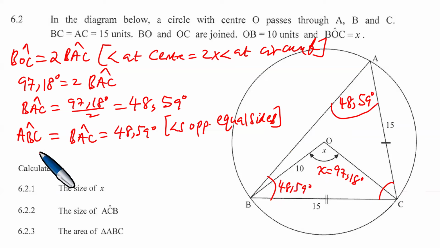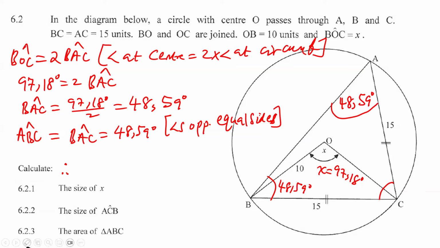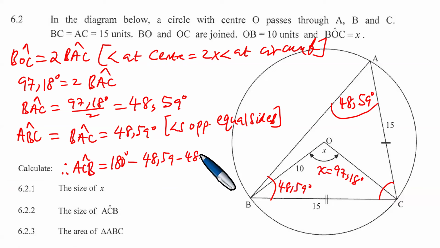And therefore, we conclude that the angle ACB is 180 degrees minus this and that, so it's 180 minus 48.59 minus 48.59 degrees.